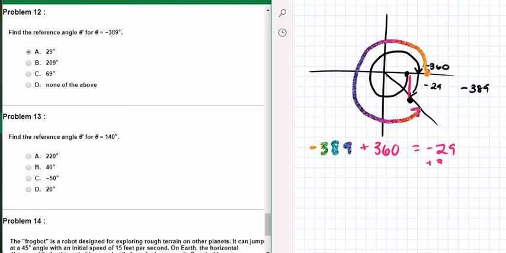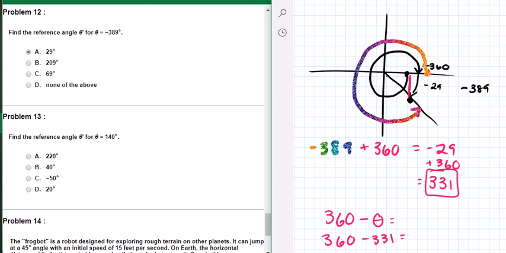Keep adding an additional 360, and that gives you 331. Alright, so my positive coterminal angle is 331. So what I need to do is take 360 minus theta. So 360 minus 331, and that gives you that 29. Alright, that's the way the book's going to do it.